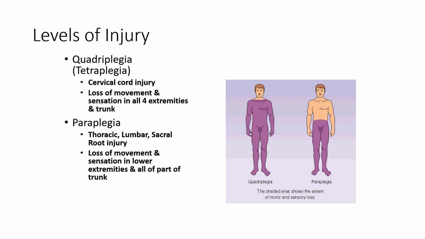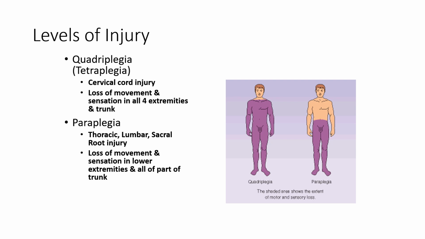And obviously, the higher the injury, the less sensation and movement is going to be preserved. Cervical cord injuries, or quadriplegia, account for about half of all spinal cord injuries.